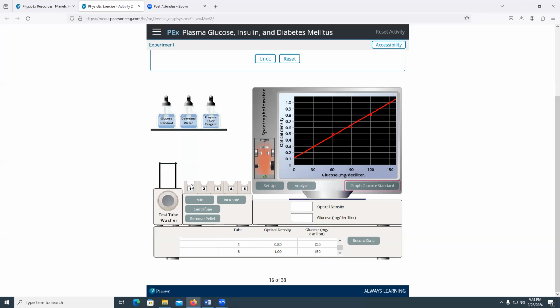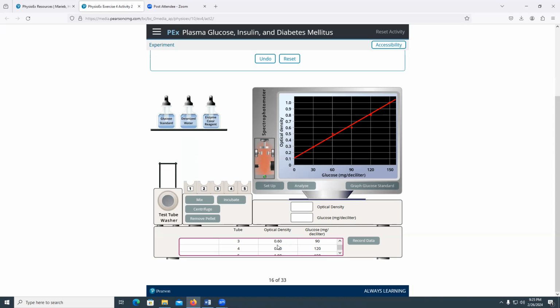But what I can do is take that test tube with the blood of my patient, put it in the spectrophotometer, run the light through it, and measure how much optical density that is. And then use my optical density. If the optical density came out to be something close to 0.80, then I can tell that this fasting plasma glucose in that mysterious test tube that I got from the patient is almost 100, for example, 120 milligrams per deciliter.